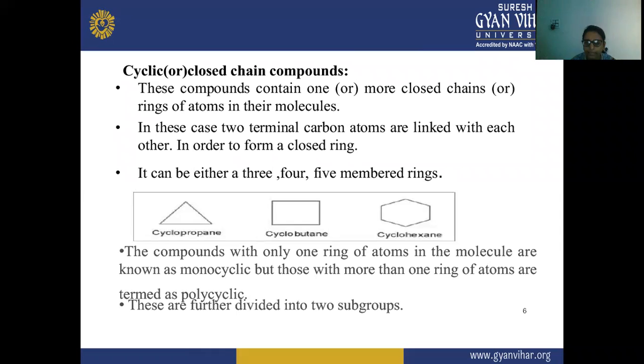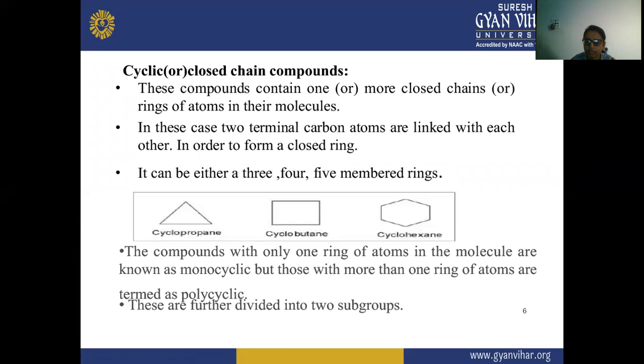So in this cyclic compound or closed chain, the terminal carbon atoms, meaning the ends of the carbon chain, are linked with the other carbon atom, and the linking of those carbon atoms forms a closed chain. These compounds contain one or more closed chains or rings of atoms in their molecule.